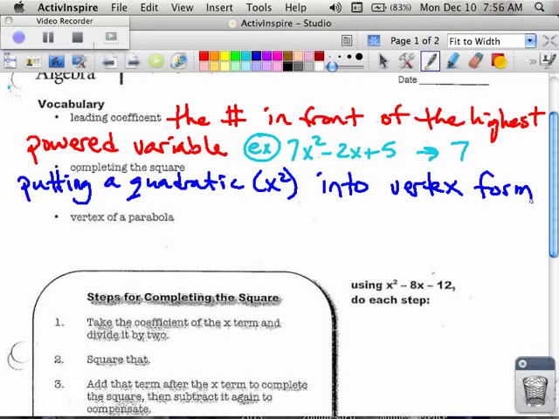So then what you'll see is something like y equals a(x minus h) squared plus k, where the h and the k are the vertex.